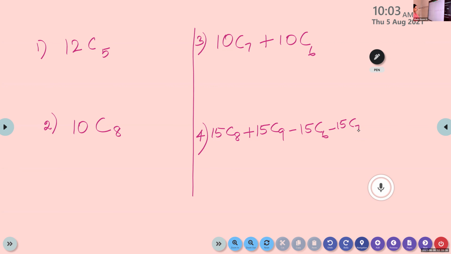Pavitra, finished? Solved all the 4? No, ma'am. See, when we practice, we have to do it in such a way: one question, one minute, because these are all simple 1 mark questions.